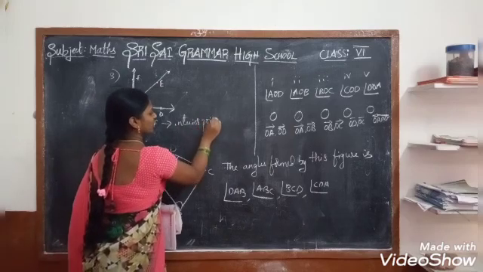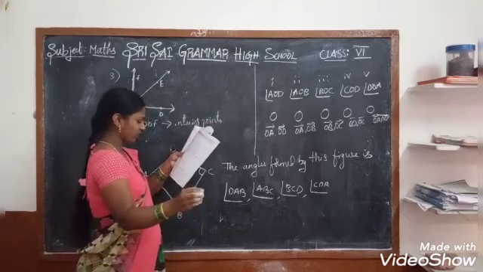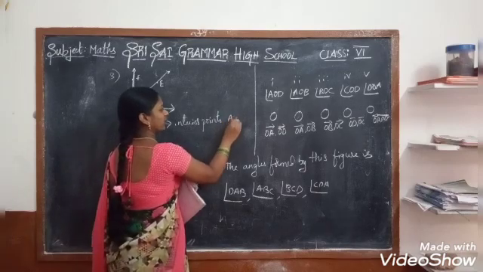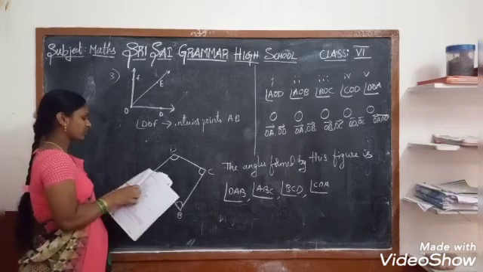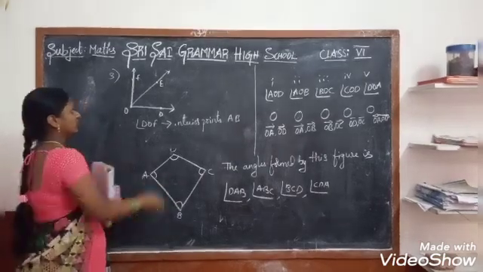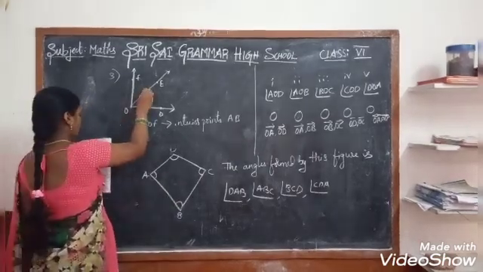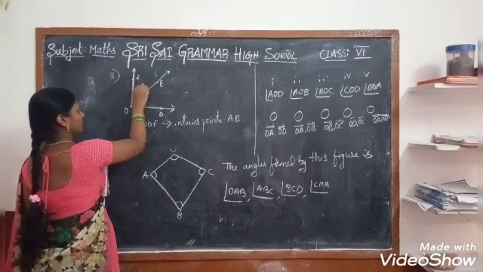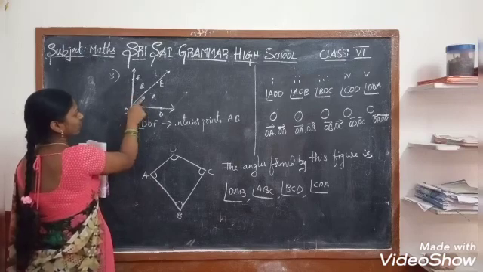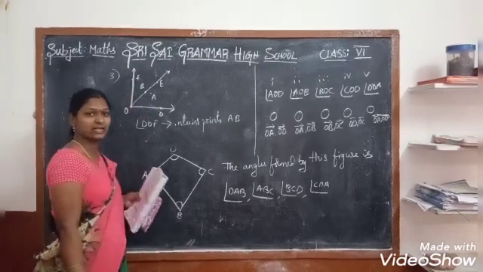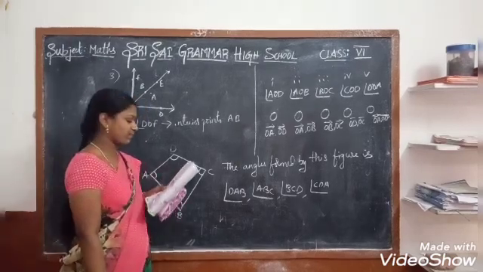What are the interior points they have given? A and B we have to show in this figure. The interior points are B and also point A, which are lying inside the diagram.